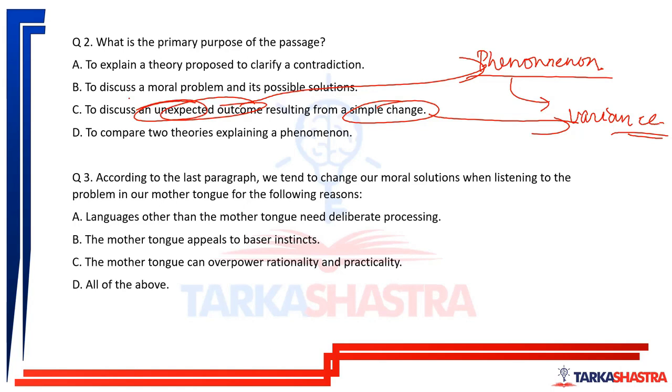If one person is listening to a problem, their reaction is supposed to be going to remain consistent. We are not expecting their reaction to change on the basis of the language the problem is conveyed in. That is why it is unexpected. So the correct answer should be C.